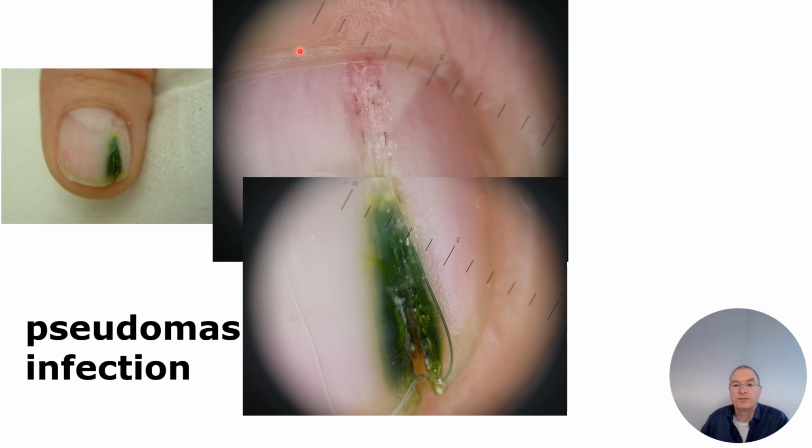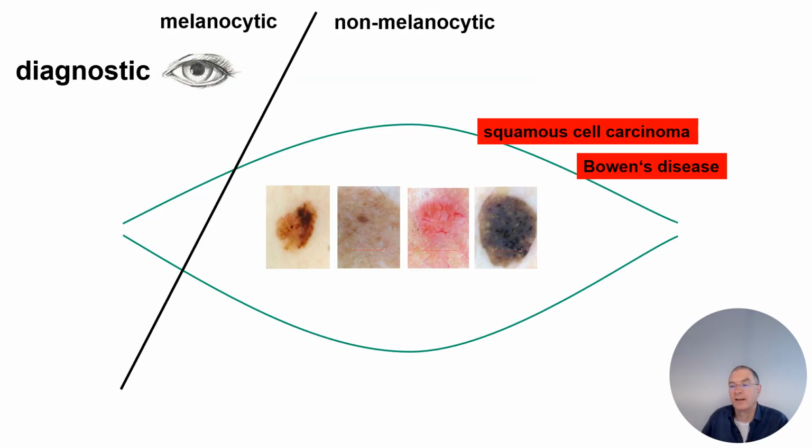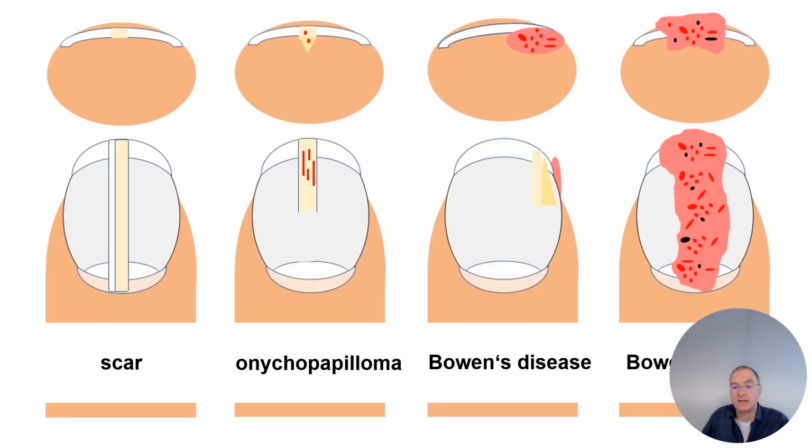So after work in the garden with an injury and then with a bacterial infection, and you see these different types of colors. And also here a combination of Pseudomonas infection and onychomycosis. So all is possible in the way of different infections. But we have also the possibility of other in situ tumors or invasive cancer.